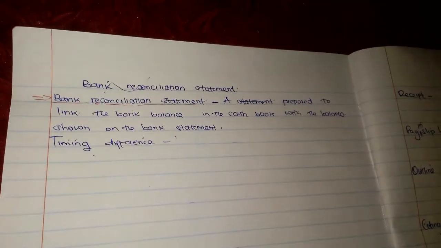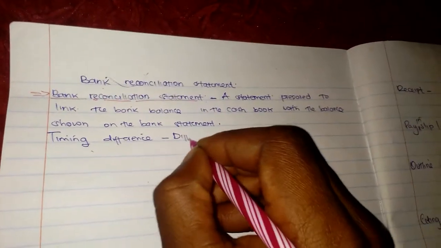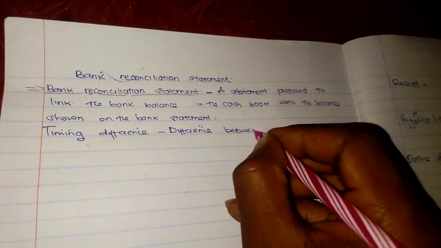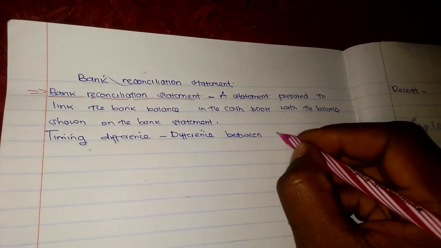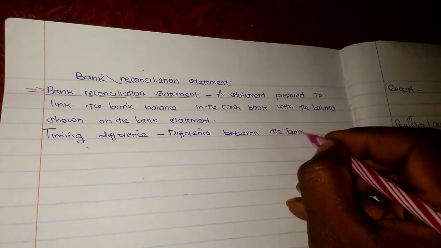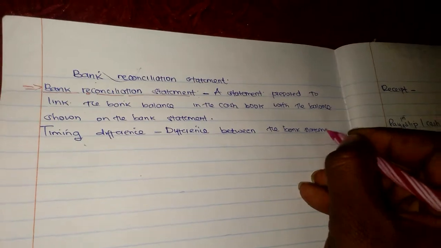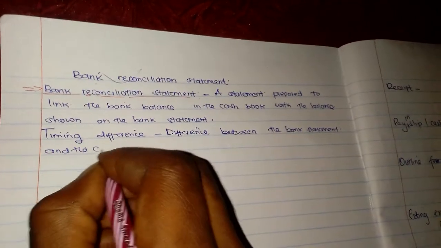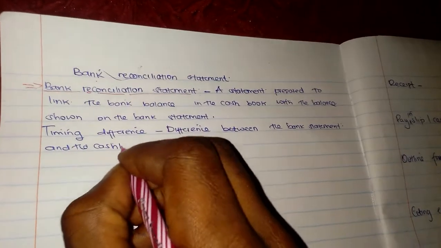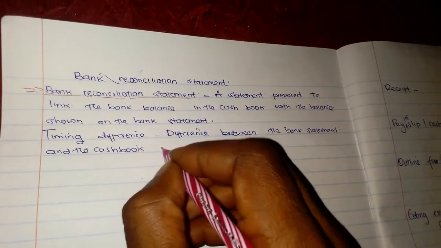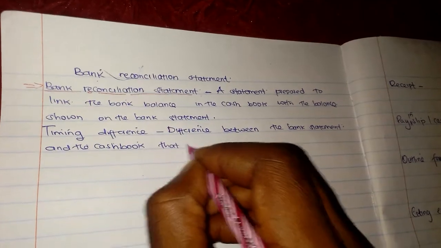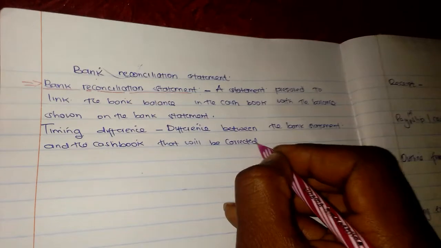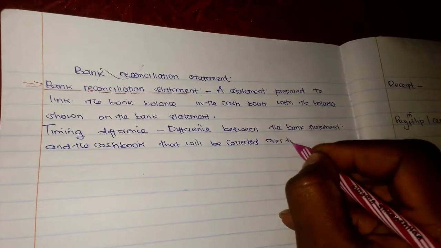So this is a difference between the bank statement and the cash book that will be corrected over time.